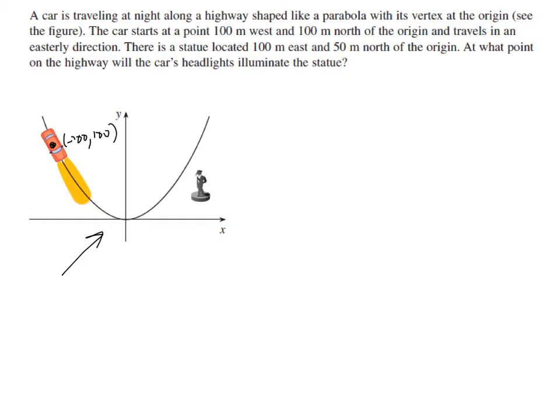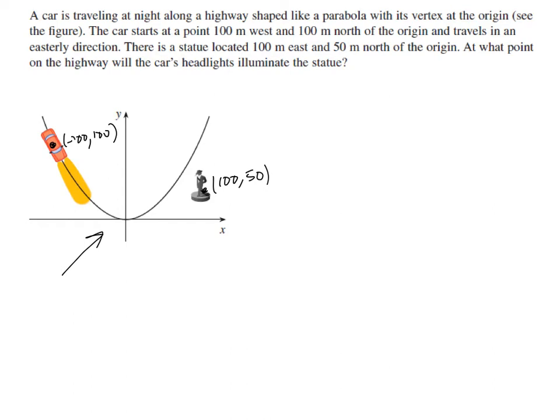There is a statue at location 150. So this position is (100, 50). Now we are supposed to find the point on the highway where the car's headlights illuminate the statue.